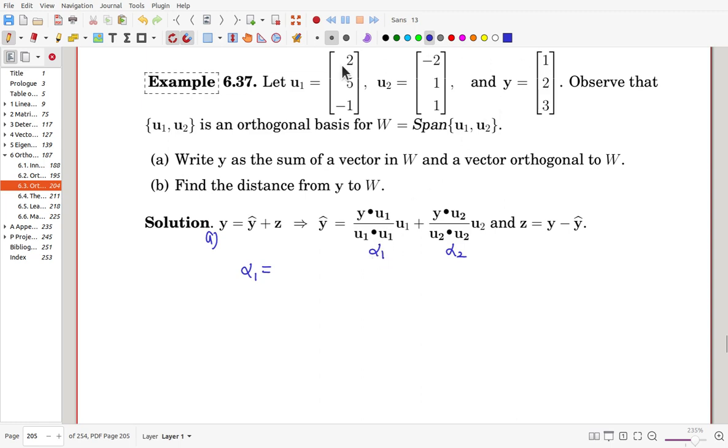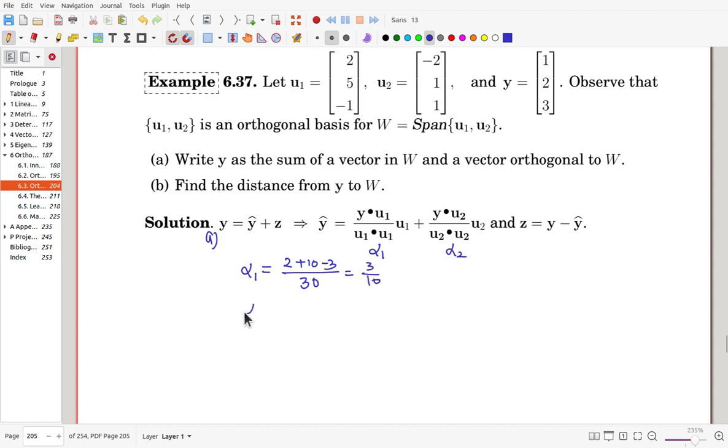So y dot u1 is 2 plus 10 minus 3, and u1 dot u1 is 4, 25, and 1, so that must be 30. y dot u1 is 2, 10, minus 3, so the top is 9 and the bottom is 30. So we say that it is 9 over 30, that is 3 over 10.